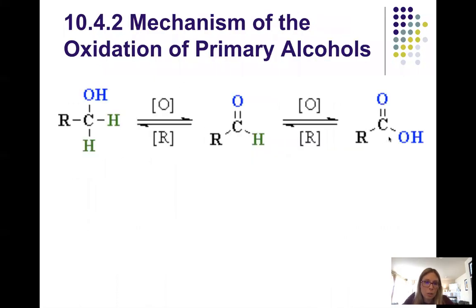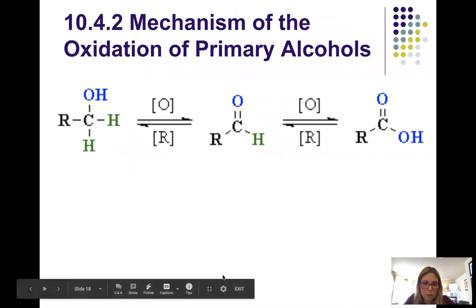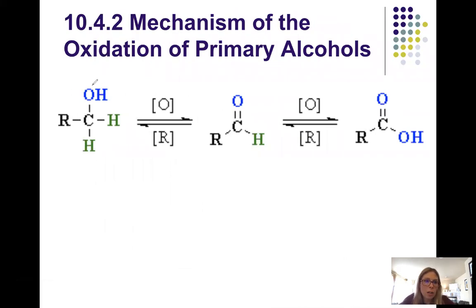So when we look at this little chart right here, again, we're going to take our primary alcohol right here. And I showed you before, I wrote out the reaction, expose it to an oxidizing agent. That's going to give us our aldehyde.